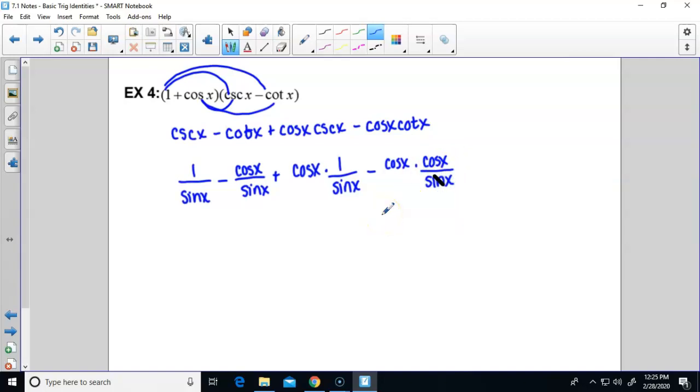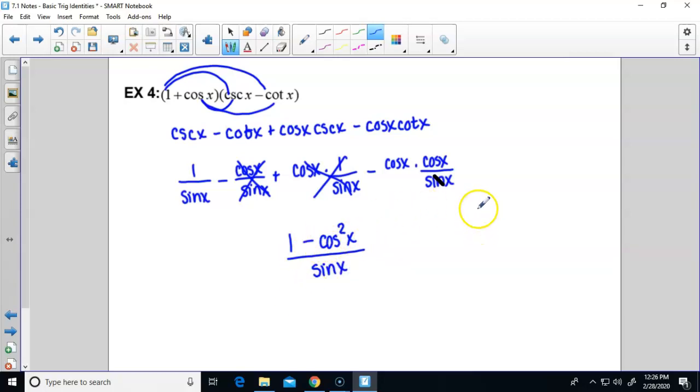And the neat thing here is everything is over a sine x, so we've got common denominators. Now, this negative cosine x over sine x and the positive cosine x over sine x cancel each other out, just leaving us with 1 minus cosine squared x all over sine x.